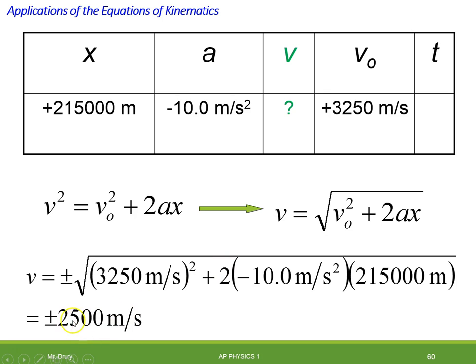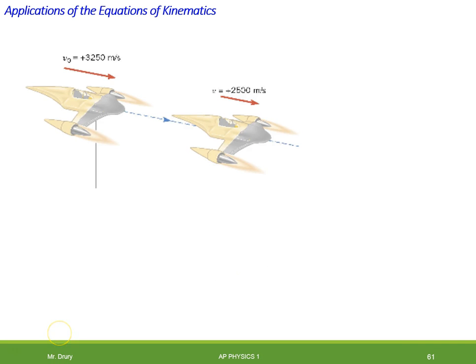All right, so let me try to explain this positive and negative again. Sorry about the bird clock in the background. Okay, one of the answers was a positive 2,500 meters per second. This occurred as the retro rockets first were fired. It slowed down to 2,500 meters per second.